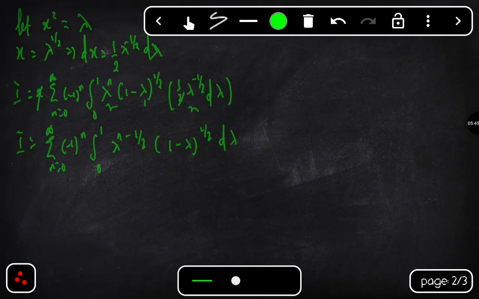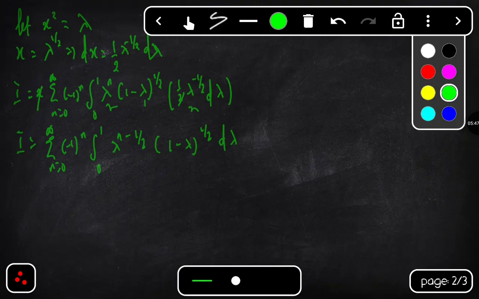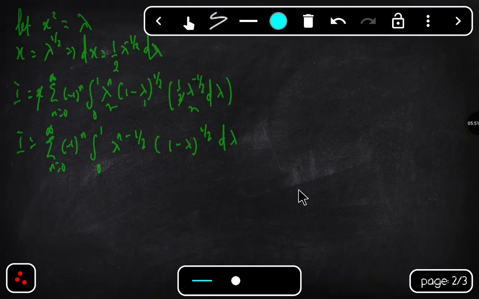Now, if you check this particular integral that we have now, it looks like the beta function. Okay, so let me quickly remind us the beta function. So we know that beta of n comma m is going to give us the integral from 0 to 1 of x raised to the power of n minus 1, then 1 minus x raised to the power of m minus 1 dx.